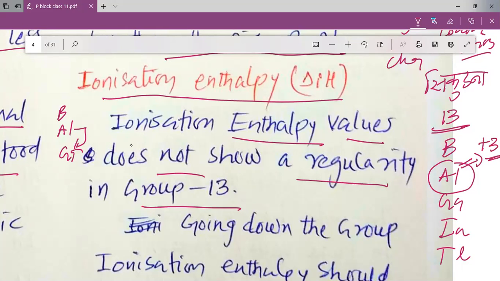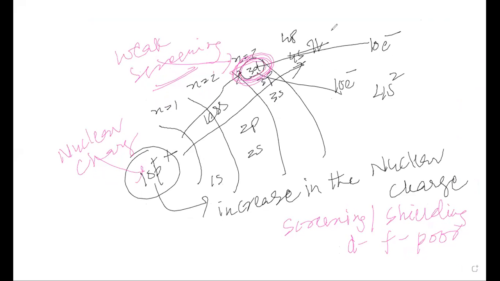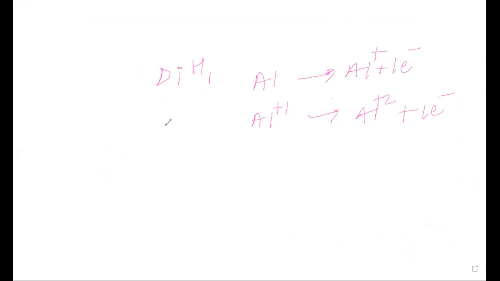Now, if aluminium has to make the +3 oxidation state, what happens? Aluminium has to first lose 1 electron, and at that time the enthalpy change is known as delta IH1, which we call the first ionization enthalpy. Then aluminium +1 gives aluminium +2, and again it loses 1 electron, and at that time the change is called the second ionization enthalpy.